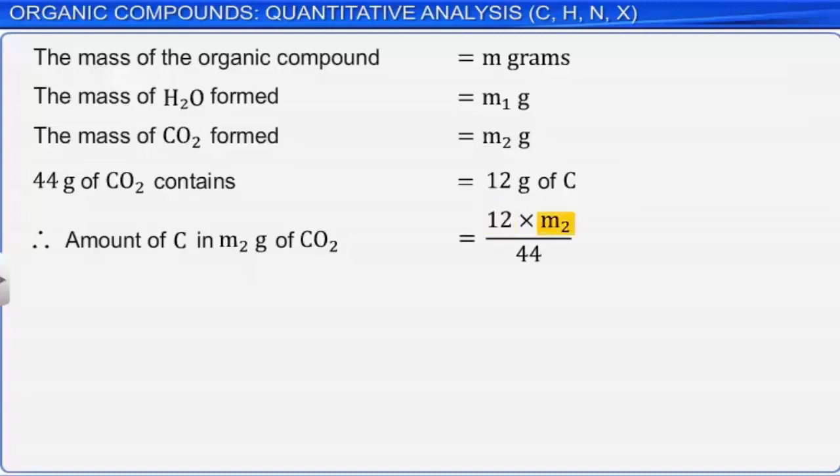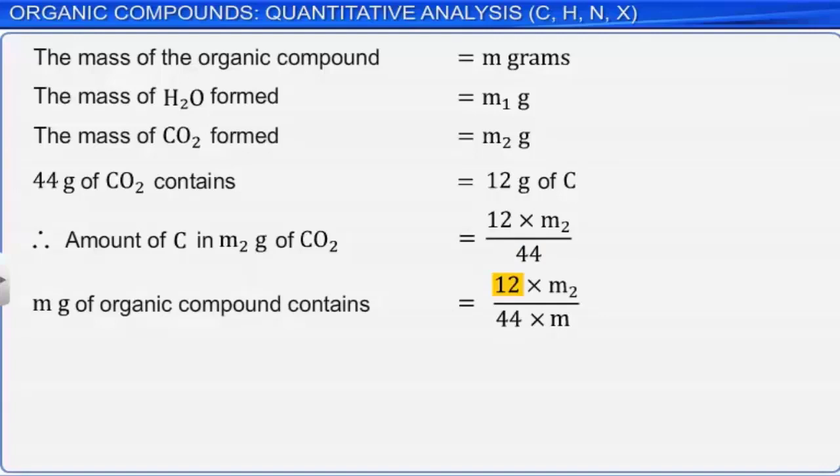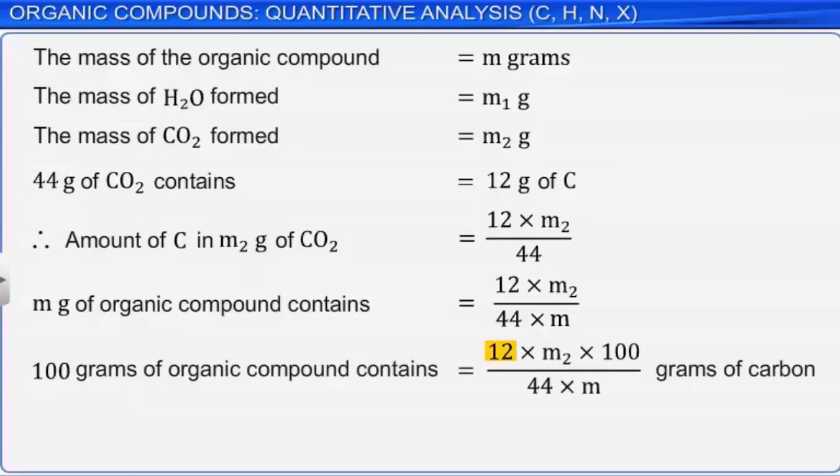Now, m grams of organic compound contain 12 × m2 / 44 grams of carbon. Therefore, 100 grams of organic compound would contain 12 × m2 × 100 / (44 × m). This gives the percentage of carbon present in m grams of the given organic compound.